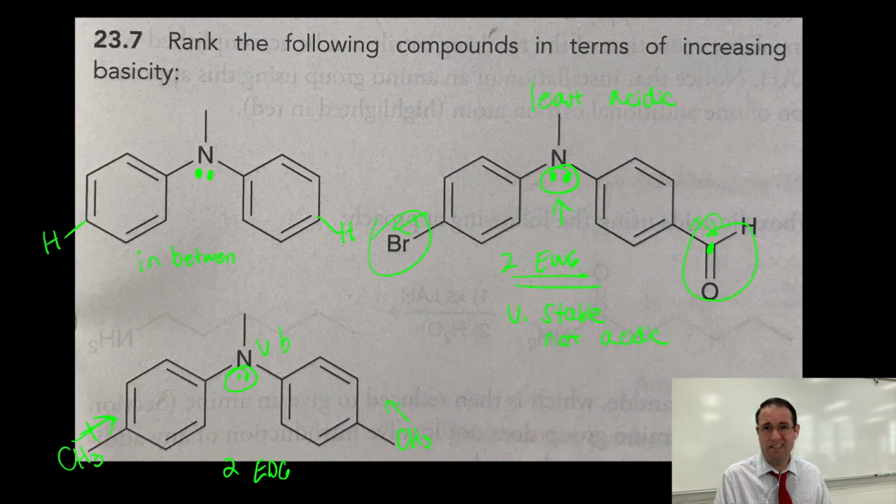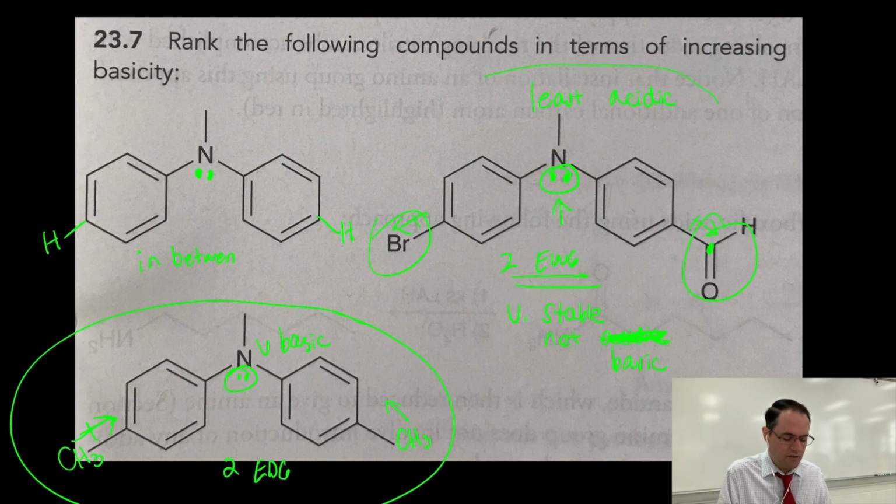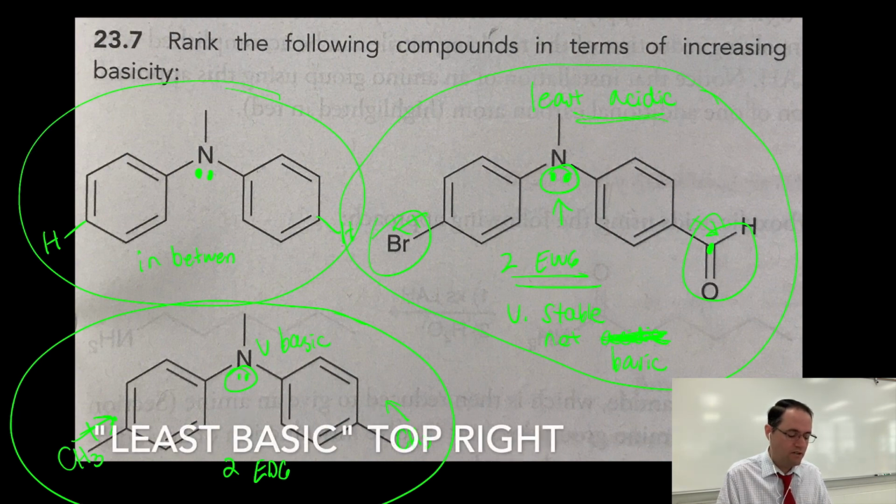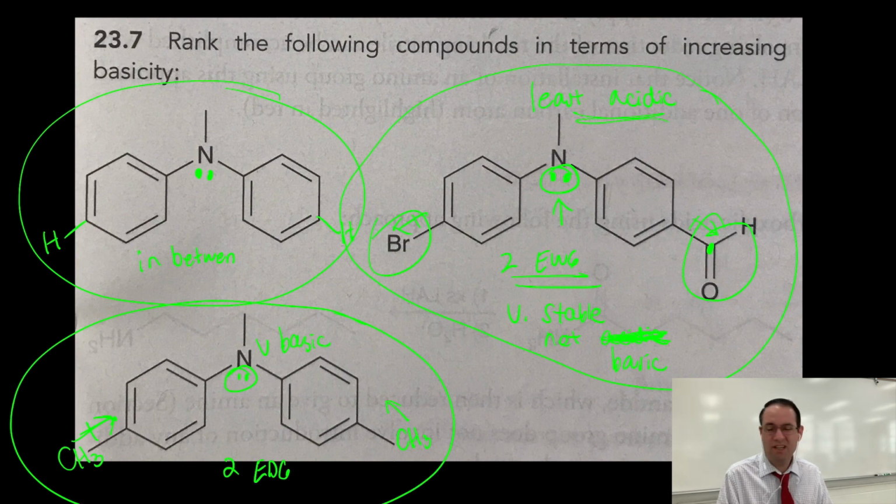So that lone pair is like, I'm out of here. I'm going to get in my car and go to my friend's house, okay? So this is very basic. I meant to say basic over here. So this is very basic. This is not basic. Well, the least basic. And this is in between, okay?